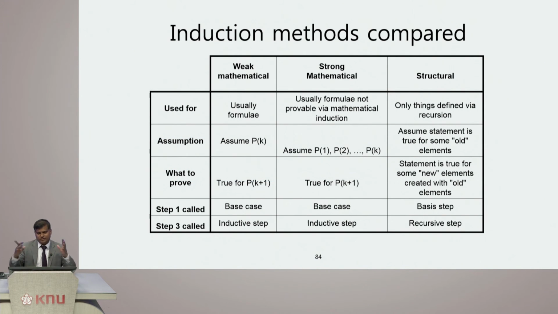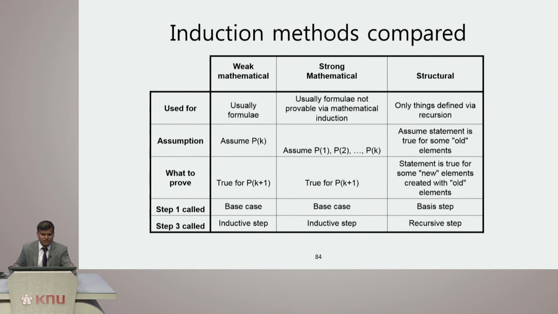So here's the basic outline of the induction methods we talked about: weak mathematical induction, strong mathematical induction, and structural induction. Weak mathematical induction is usually used for basic formulas.